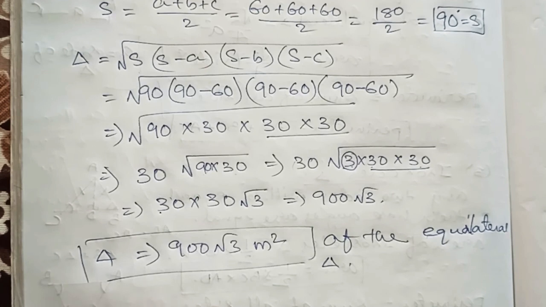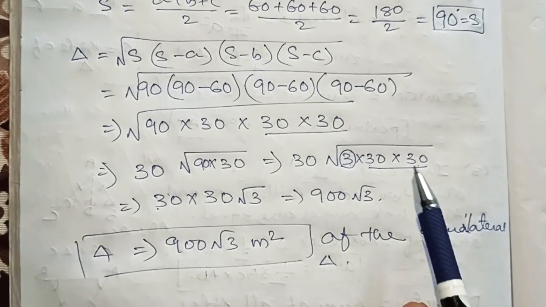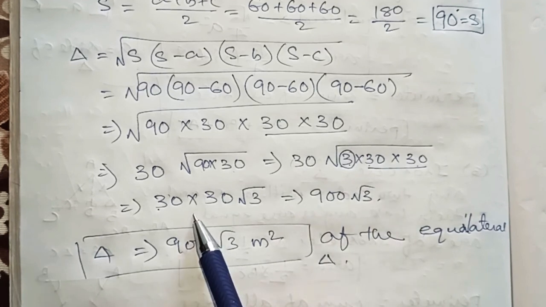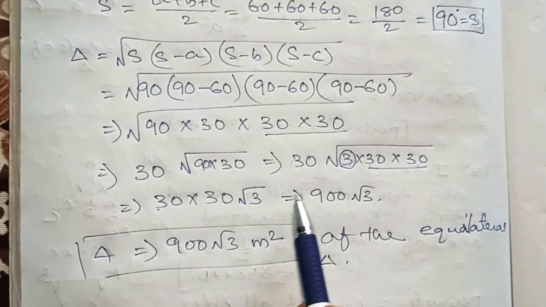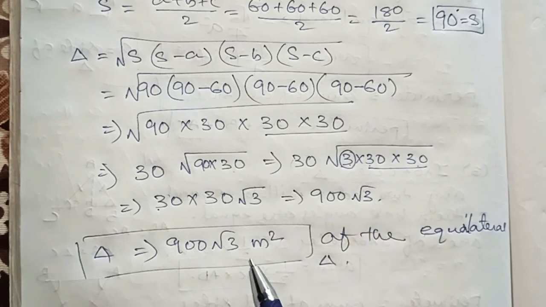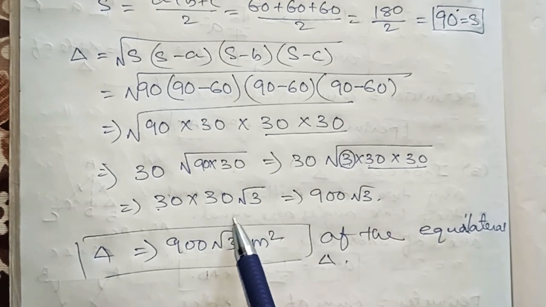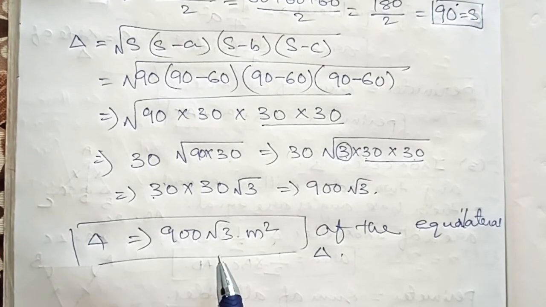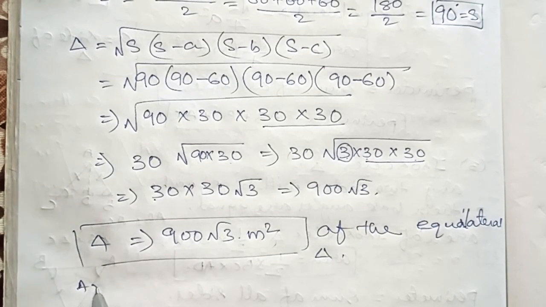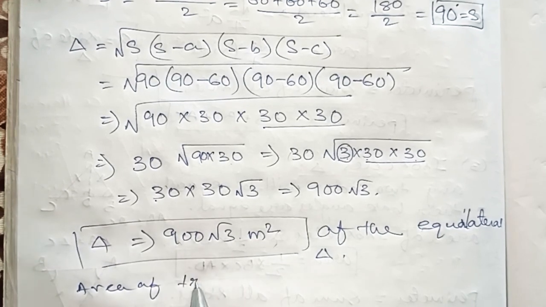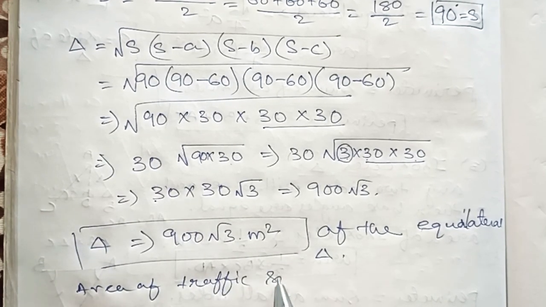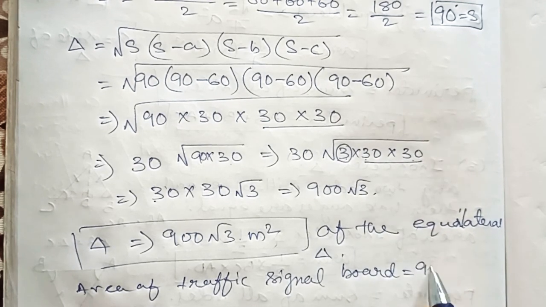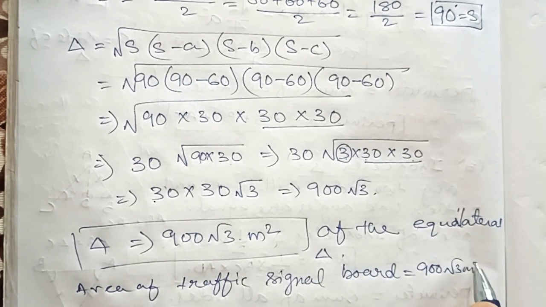Whenever you get any question, find out a, b, c, use Heron's formula, find the pairs of numbers and take one number outside the square root, leave whatever is left inside the square root as it is, and multiply the rest of the numbers. So we got 900 root 3. Area of the traffic signal board equals 900 root 3 meter square.